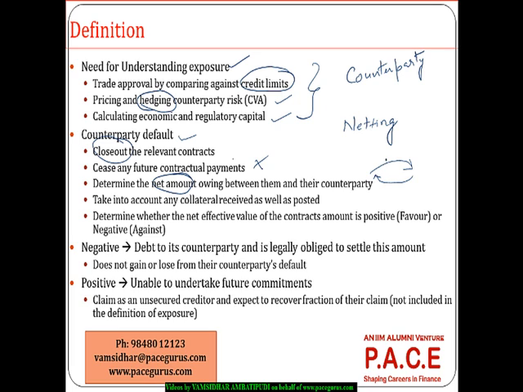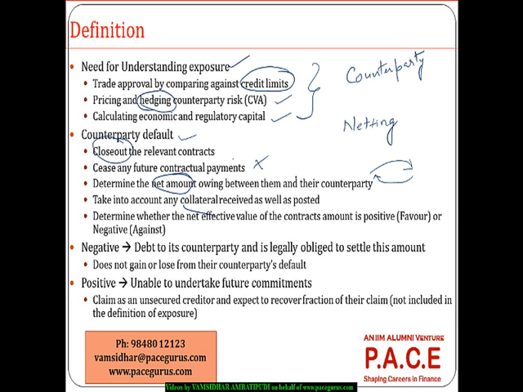Probably this computation can be done by taking the required collateral into account. If I have received collateral, it's a benefit to me. If I have posted collateral, even that increases the exposure, right? So the net amount is after the collateral deduction and addition.